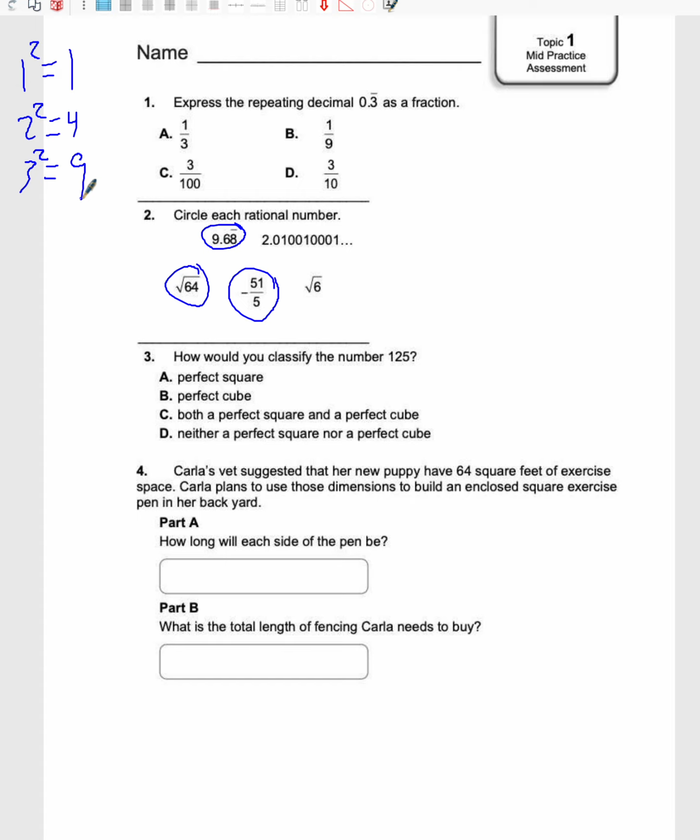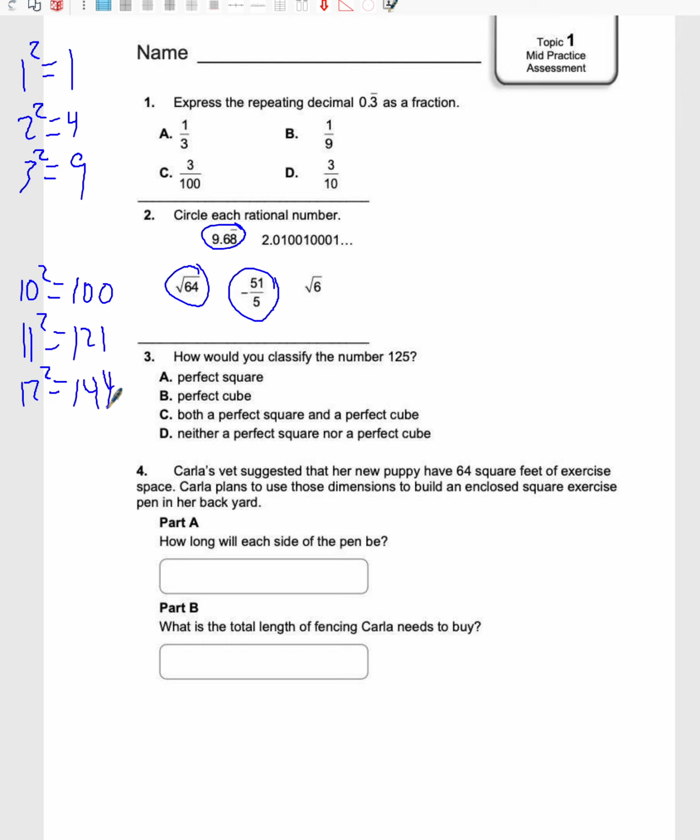All right, number 3, how would you classify the number 125? Perfect cube. Okay, is it a perfect square? No, because 10 squared is 100, 11 squared is 121, and 12 squared is 144.